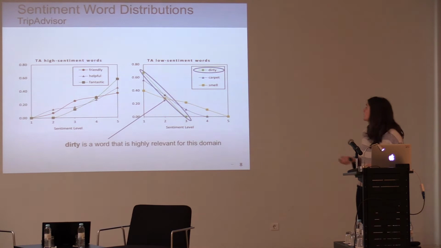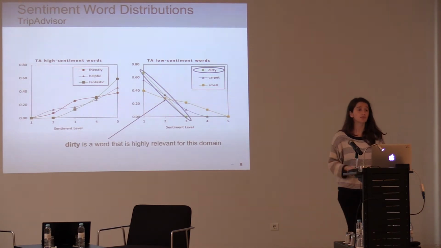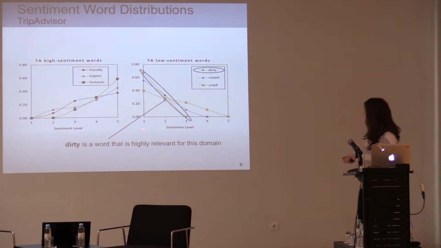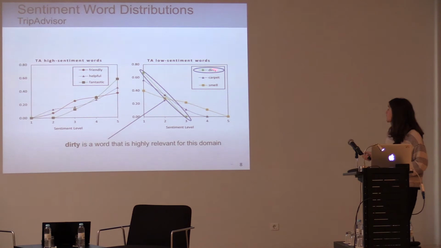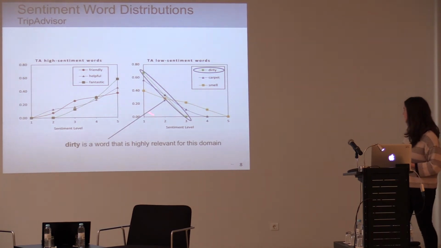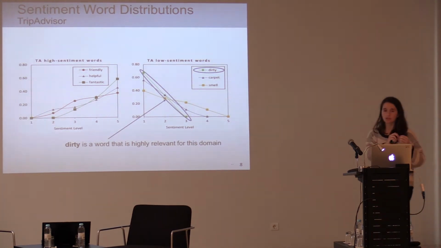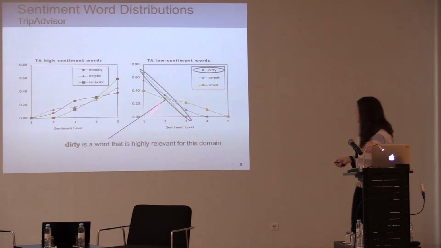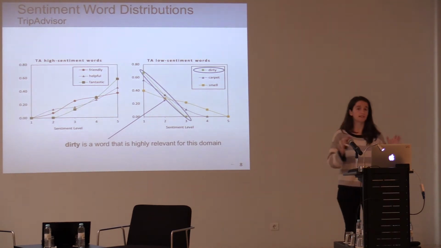We used TripAdvisor, so we use reviews from hotels where people stayed and gave their opinion about it, how they felt about it. And again, we're able to detect words that are highly attached to the domain, and we were able to observe this distribution. As you can see here in the X's, we have a rating that now goes from 1 to 5. So these models are dependent on the rating that the users gave.